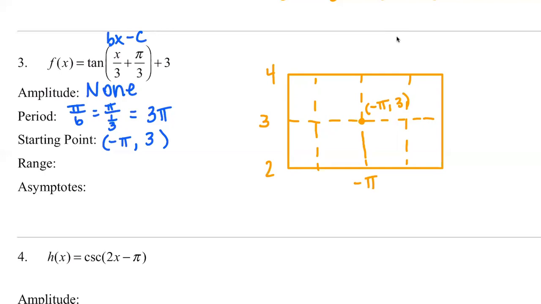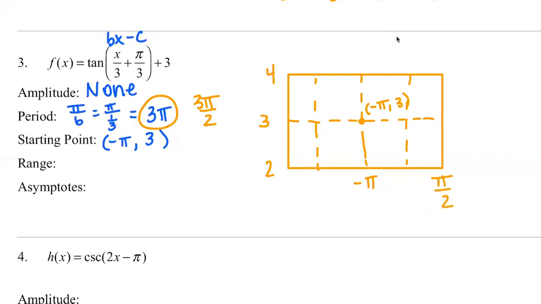If you're going to use method 1, then you are going to take the period and cut it in half, because we need half to the right and half to the left. So if I take negative pi and I add 3 pi over 2, we would be getting pi over 2.